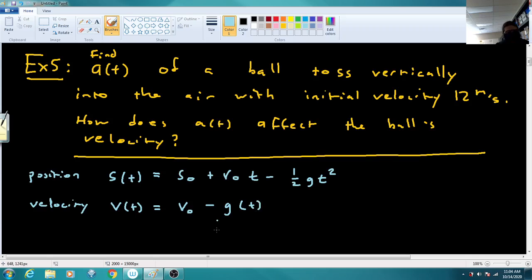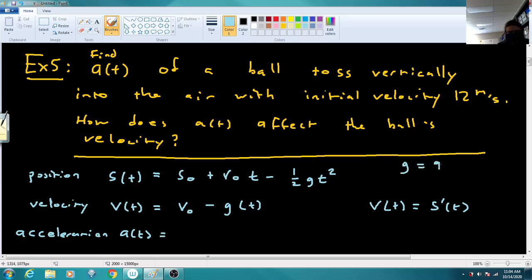And we want to remember that velocity is equal to the derivative of the position function. So when we want to get acceleration, which is a of t, oh, we should say also that g is 9.8 meters per second squared.